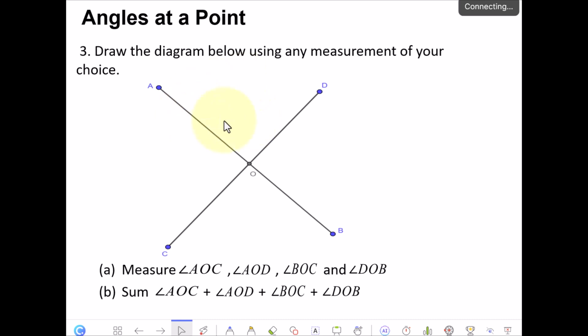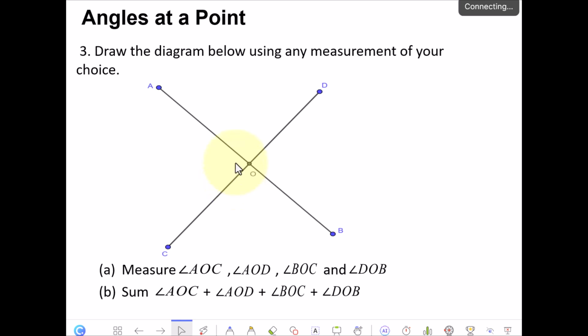Then the third one, which is angle at a point. So that one still has intersecting lines. When lines meet at a point, no matter the number, I only did 4 in this case, which is AO, BO, CO, and DO. Just 4 lines meeting at a point. So this kind of question now, how do you get the angle at the point?